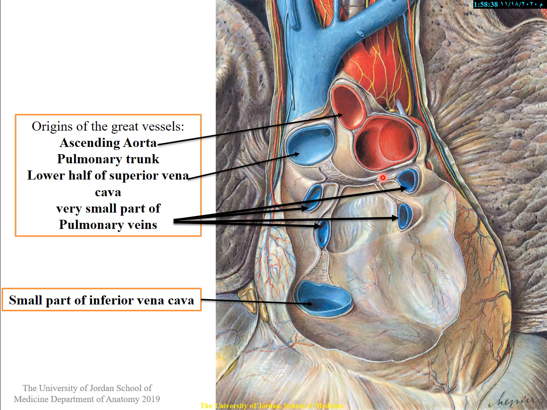Here the pulmonary trunk itself has been removed. The lower half of the superior vena cava, also here the ascending aorta has been removed, although this part is considered part of it. Obviously small parts of the pulmonary veins and a small part of the inferior vena cava.